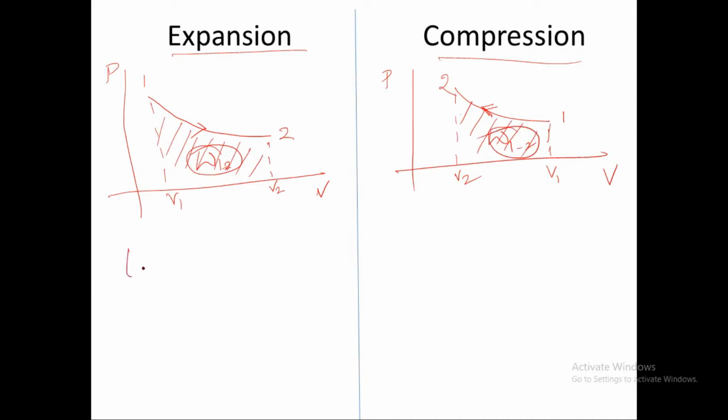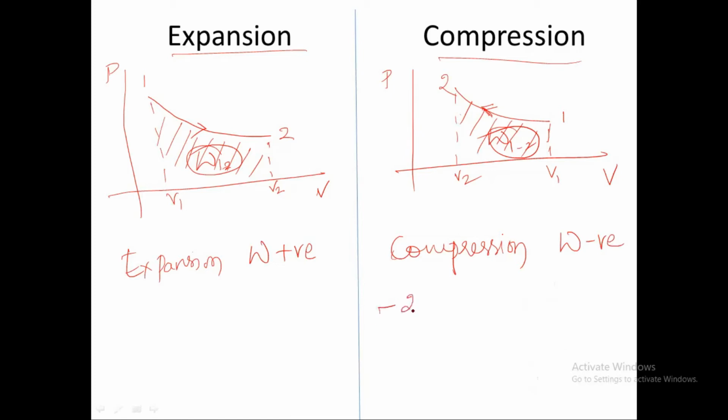In an expansion process, remember this, it is work done by the system, therefore it is positive work. In a compression, work is done on the system, meaning pressure has to increase, therefore during a compression process the work done is negative. There is no inherently negative or positive work; it is based on the sign convention.